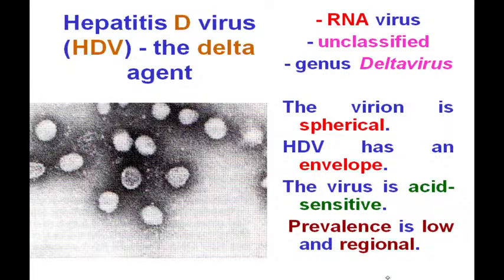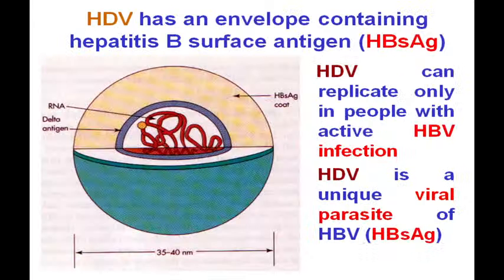The virion is spherical, and it has an envelope made up of hepatitis B surface antigen. The virus is acid sensitive because it is enveloped, and the prevalence is low, or in some regions it can be high, but endemically. So hepatitis D has an envelope made up of HBs antigen.